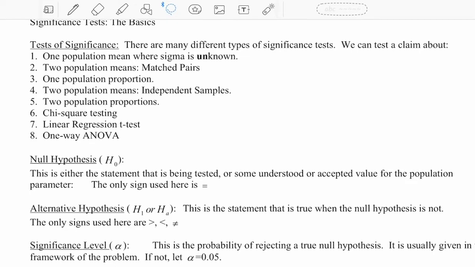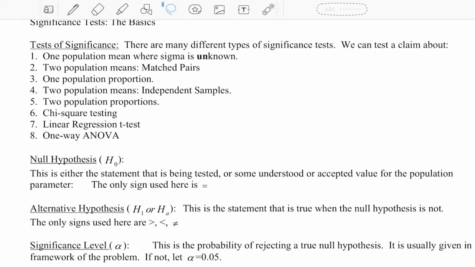So if they say, for example, test the claim that gas prices are statistically significantly higher now than they were in December, then you can find out what the average gas price was in December and use that as your null hypothesis. I'll just assume that's what it was, and then we have something to compare against.